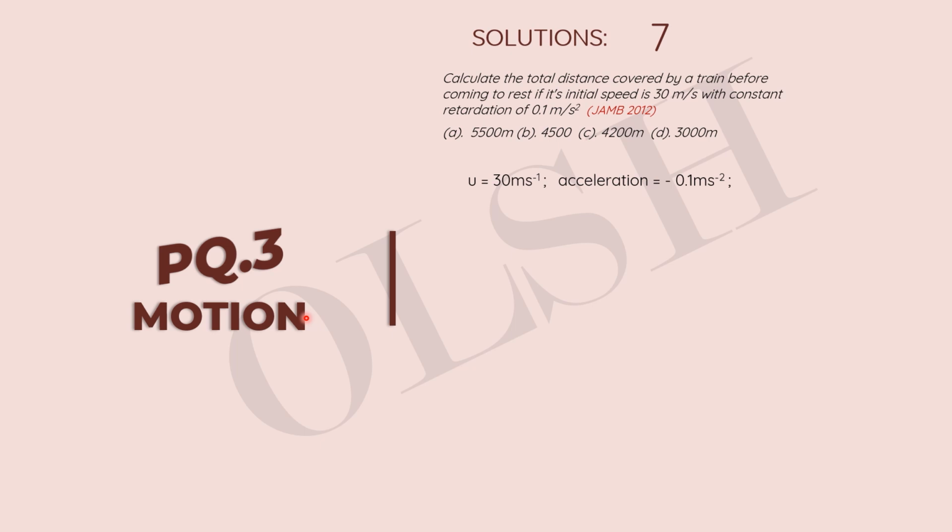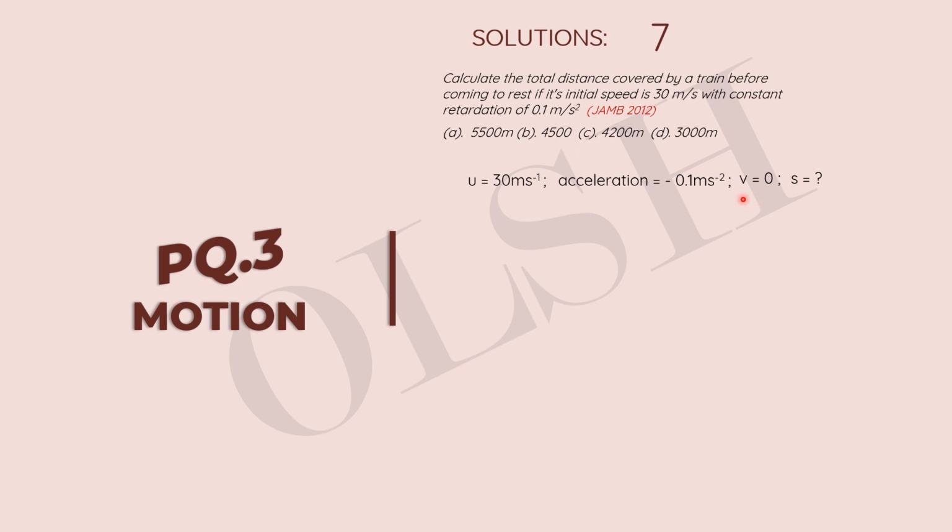So acceleration is negative when it's retardation. Whenever you have retardation, acceleration is the negative of that value. So we have a retardation of 0.1 meters per second squared; acceleration automatically becomes minus 0.1 meters per second squared. Okay, so we have our final velocity to be 0, and then we have to find the distance covered.